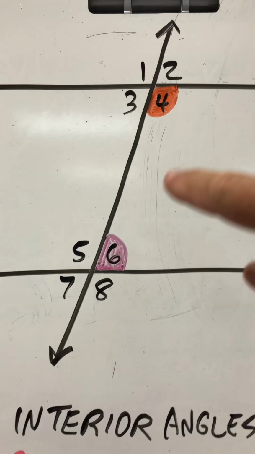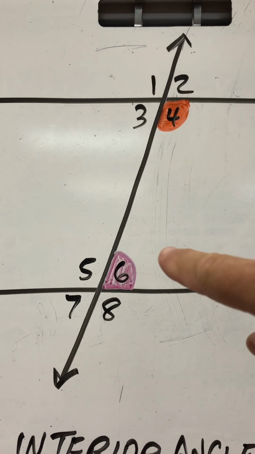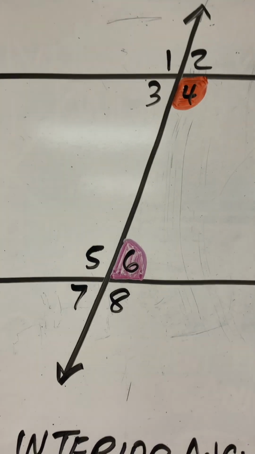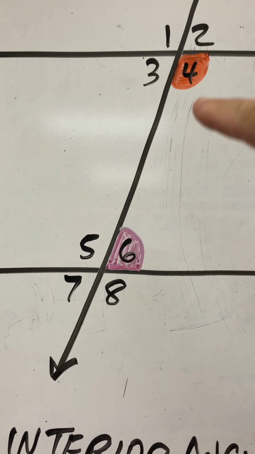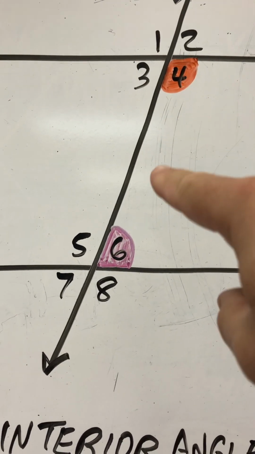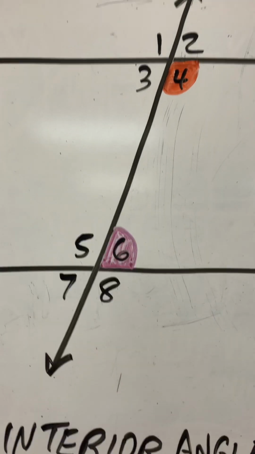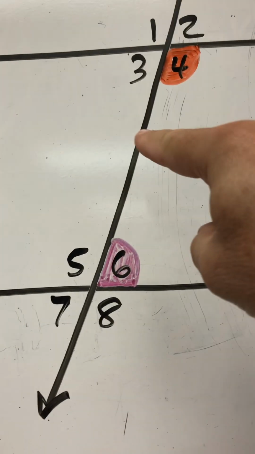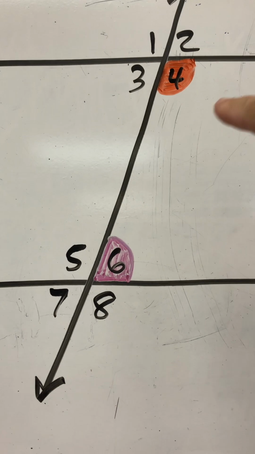These two are called same side interior angles or consecutive interior angles. Consecutive meaning one after the other. These two are consecutive in terms of where they are located. Notice that they are not equal. This one is clearly bigger than 90 degrees.